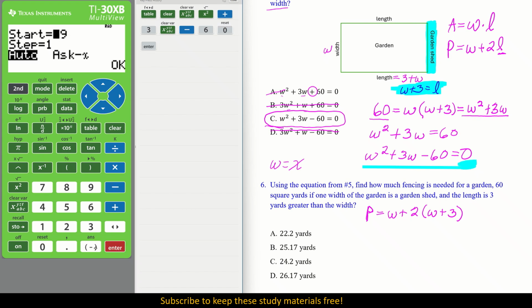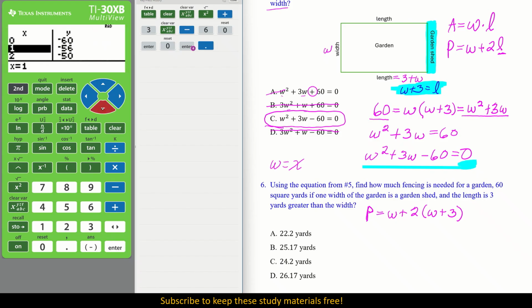Let's enter. I'm going to start at 0, because I'm really not sure where I'm going to end up. So let's enter, and enter. We definitely know that over here on our right-hand side, we're not interested in the negative values.